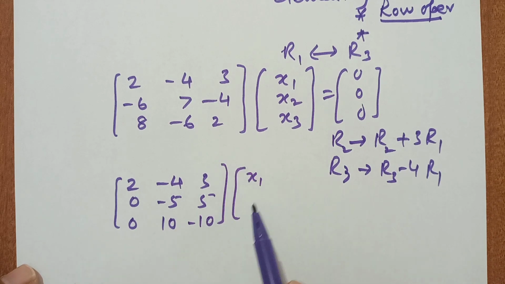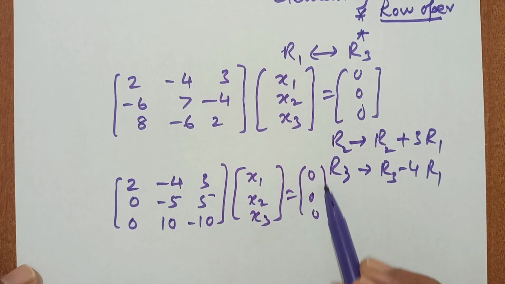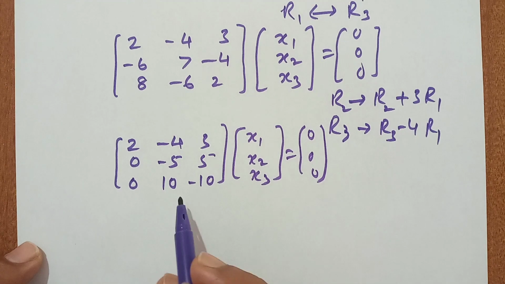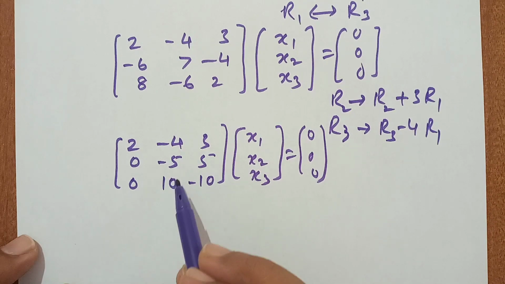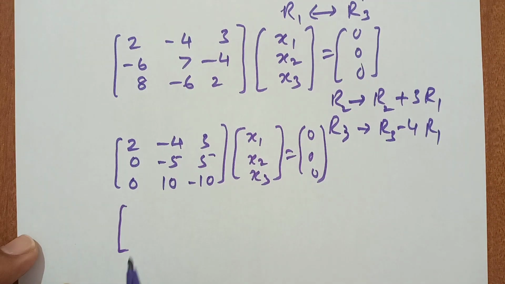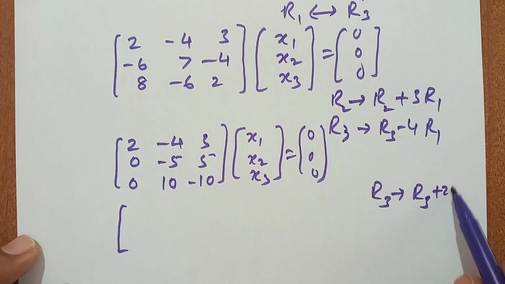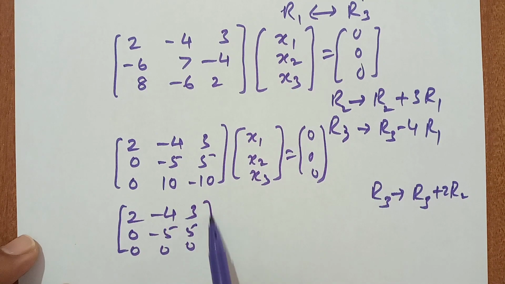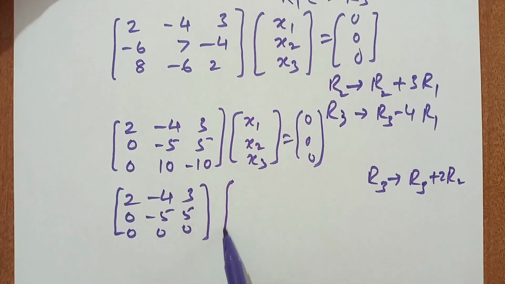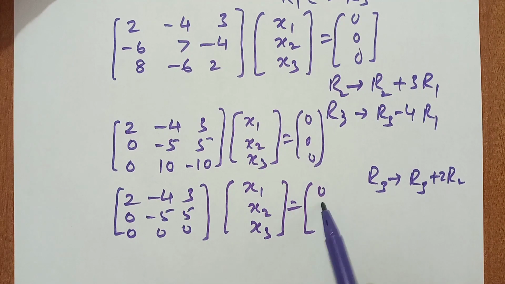Now minus 5 5 and 10 minus 10: if we add by multiplying by 2, R3 tending to R3 plus 2 R2. So we get 2 minus 4 3, 0 minus 5 5, 0 0 0, with x1 x2 x3 equal to 0 0 0.